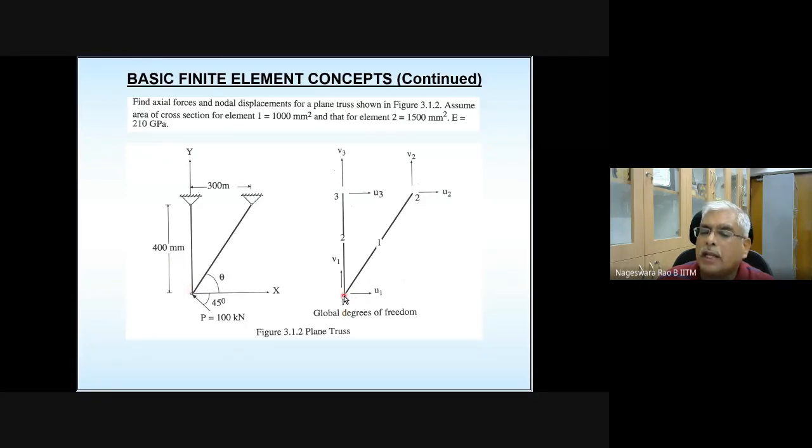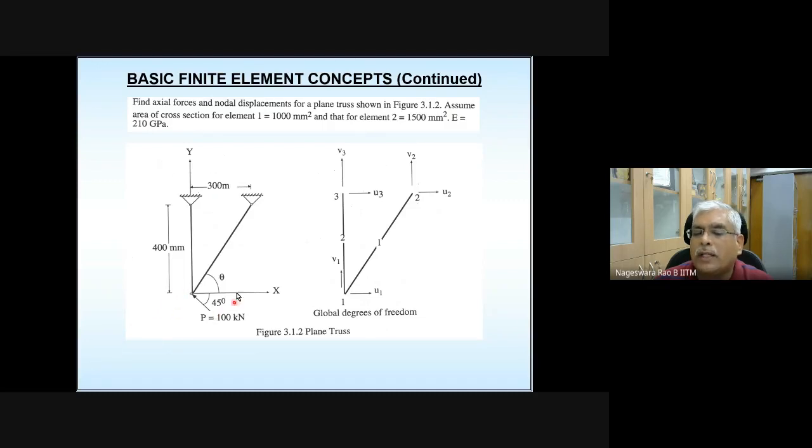Here this is taken as local node 1, this is taken as local node 2. So the local x-axis is going in the upward direction like this. So the angle between the local x-axis and global x-axis is theta. Suppose I take this as node 1 and this as node 2, then the local axis is going to point in this direction.